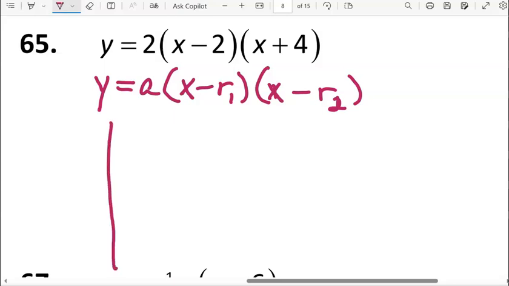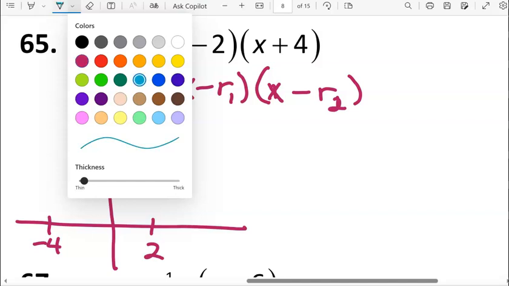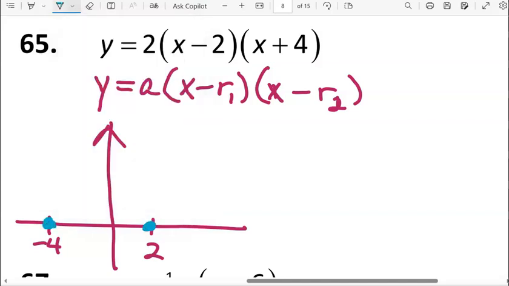So if I were to draw a graph, the intercepts would be -4 and 2. And by intercepts, I'm talking about the x-intercepts or the zeros of the function, because they will be the values that will make y equal to 0.